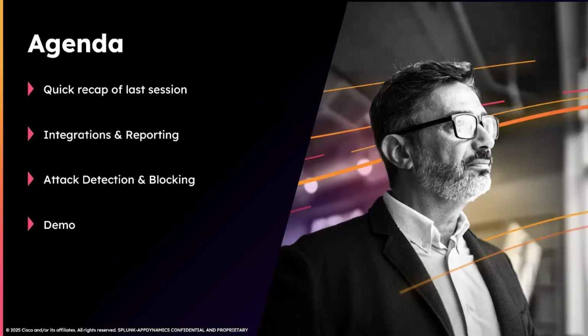Okay, so we'll have a brief recap, and then we'll discuss how Secure Application integrates with other tools and its reporting capabilities. So what we saw last week, the focus was on how AppDynamics and Secure Application are seamlessly integrated to provide this single pane of glass for you. End-to-end observability across security and application performance. So now it's how do we get data which Secure Application provides to any other centralized system that you may already have.